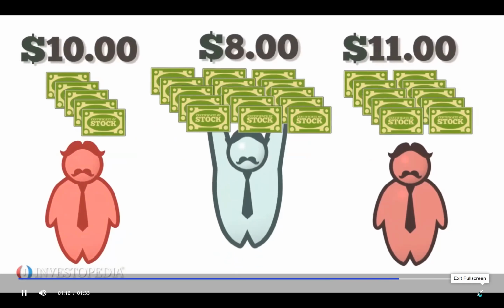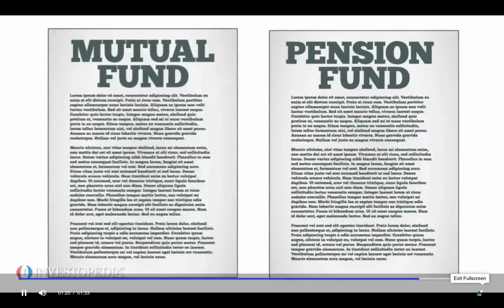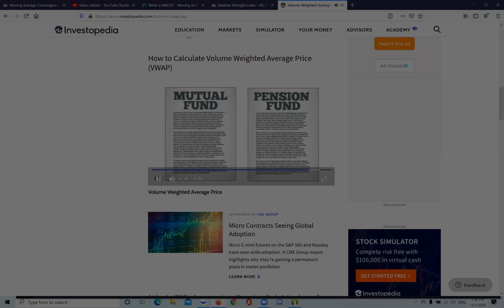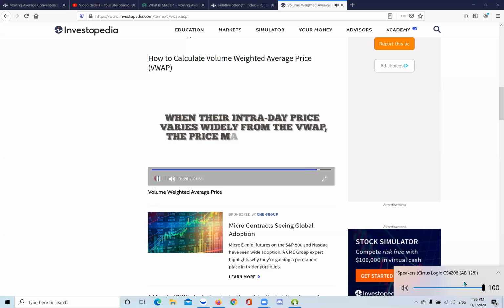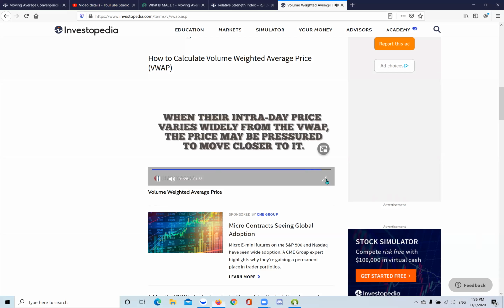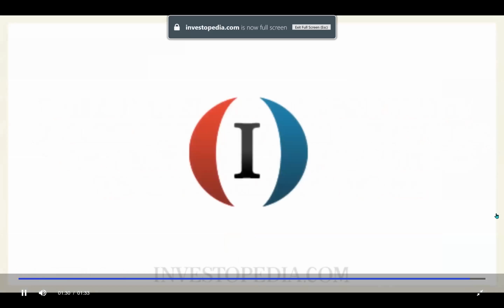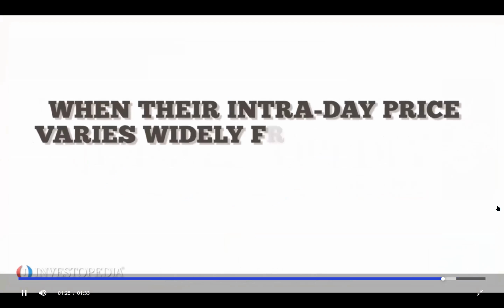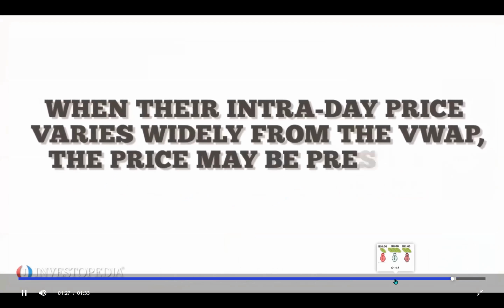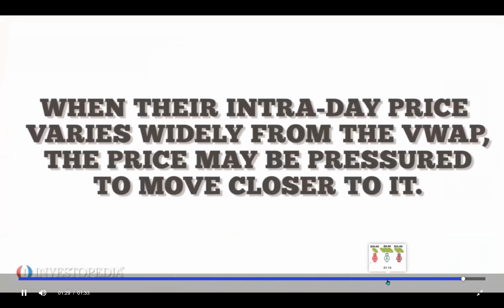The trader who paid $8 per share is happy. Many pension funds and some mutual funds use VWAP. When their intraday price varies widely from the VWAP, the price may be pressured to move closer to it.